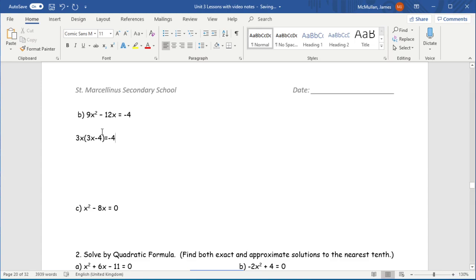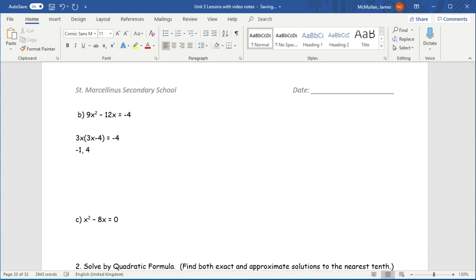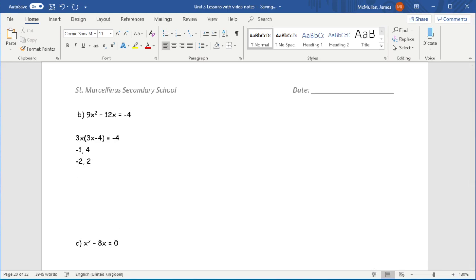Except that there are many ways that these two numbers could multiply to make negative 4, right? It could be negative 1 and 4. It could be negative 2 and 2. It could be negative 1/2 and 8. It could be negative 1/4 and 16. And you kind of see how there are an infinite number of ways that two numbers can multiply to make negative 4. You could think of an endless list of numbers that do that.